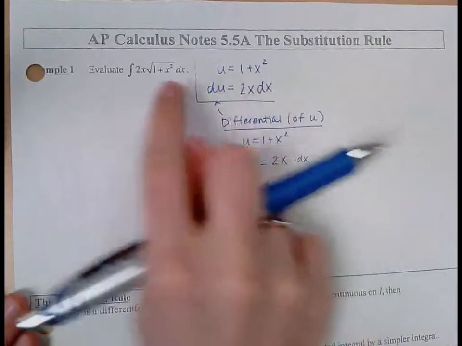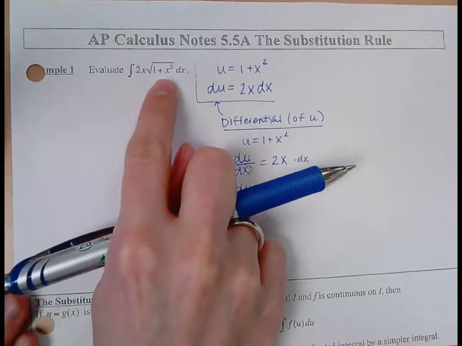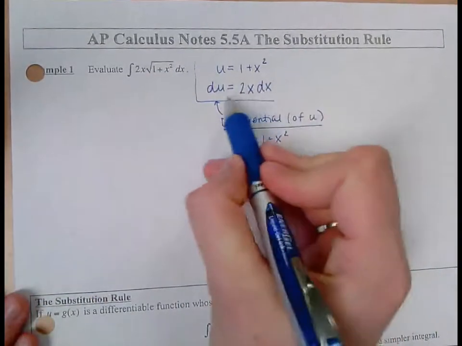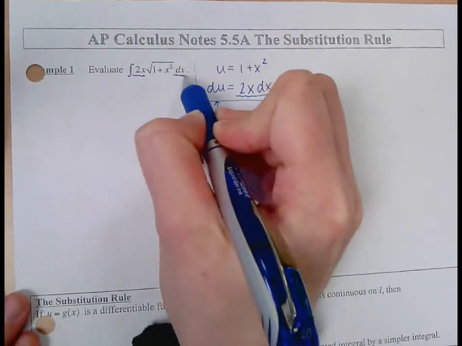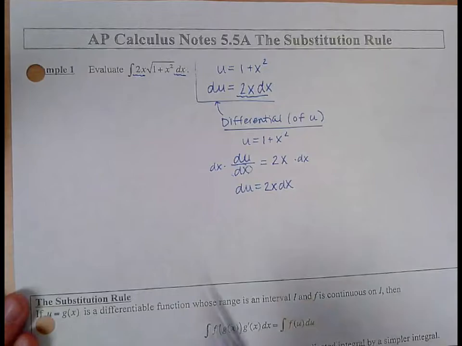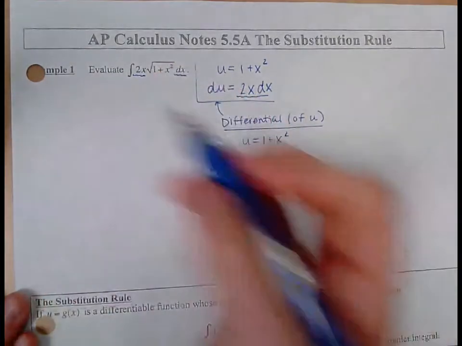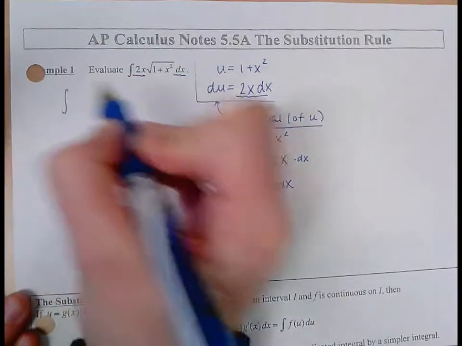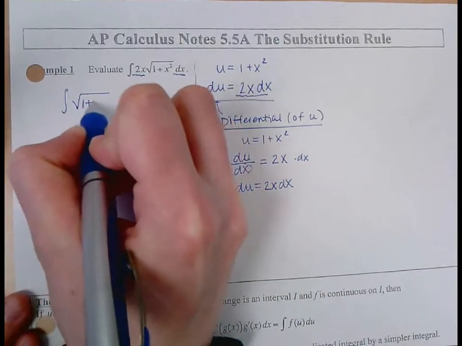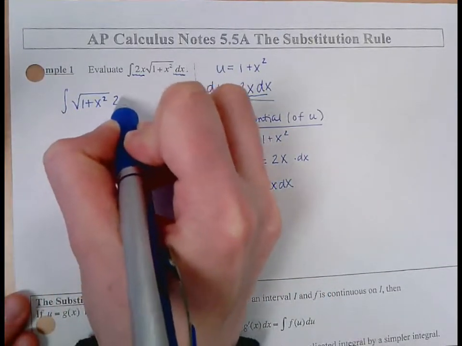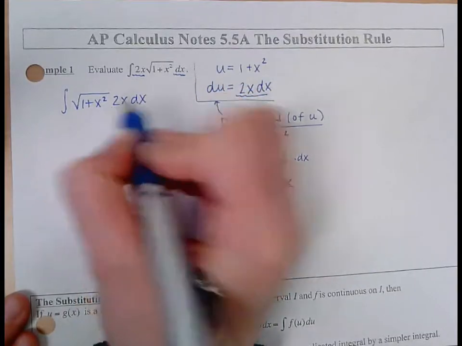So I can replace inside the square root with u, and then the 2x dx is right here in my integral. If I rearranged this, you wouldn't have to do this, I just want you to be able to see it. I could rearrange this integral to be the integral of the square root of 1 plus x squared with the 2x dx together at the end.